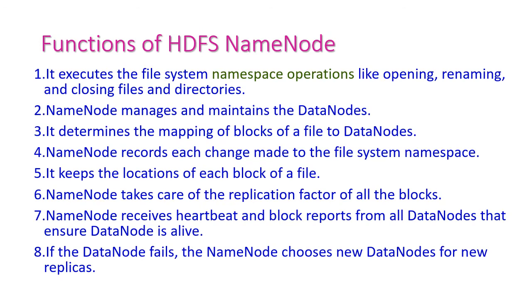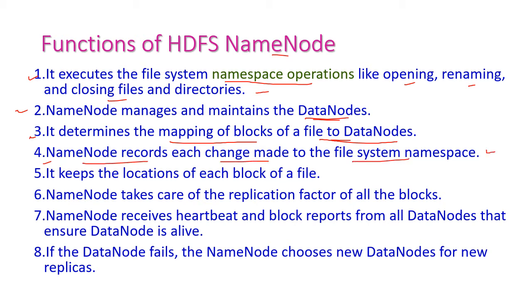The functions of the name node. The name node executes file system namespace operations like opening, renaming and closing files and directories. The name node manages and maintains all data nodes. It determines the mapping of blocks of the files to the data nodes. The name node records each change made to the file system namespaces.